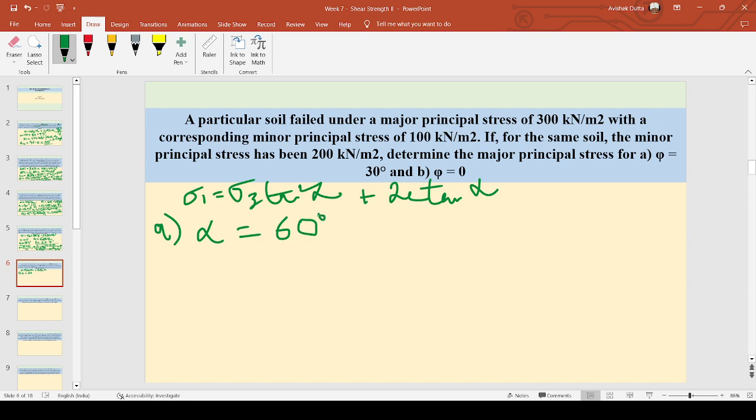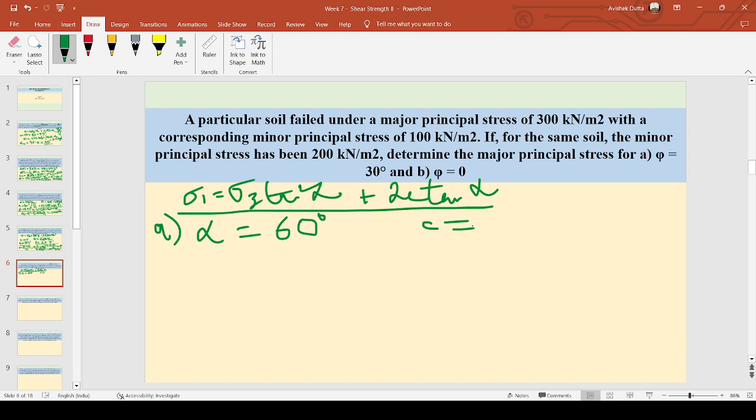Using this value, we have major principal stress 300, minor principal stress 100, that is sigma 1 equals 300, sigma 3 equals 100, and 2c tan alpha. Placing everything in this equation and the value of alpha, we can find the value of c in the first place.